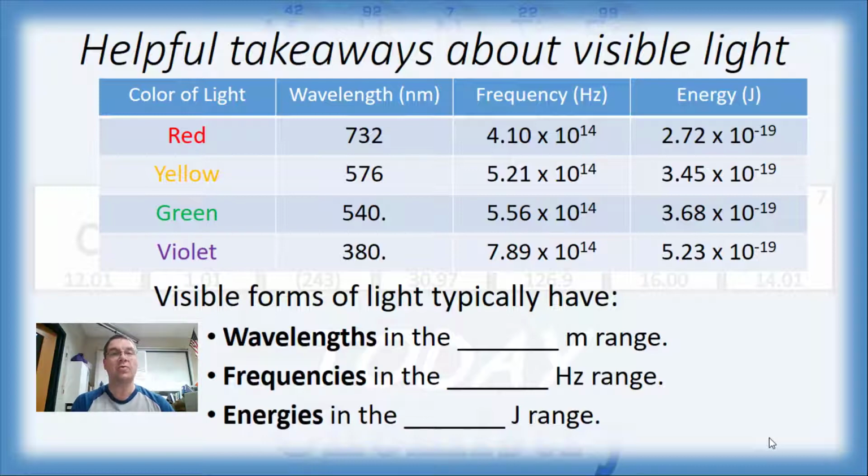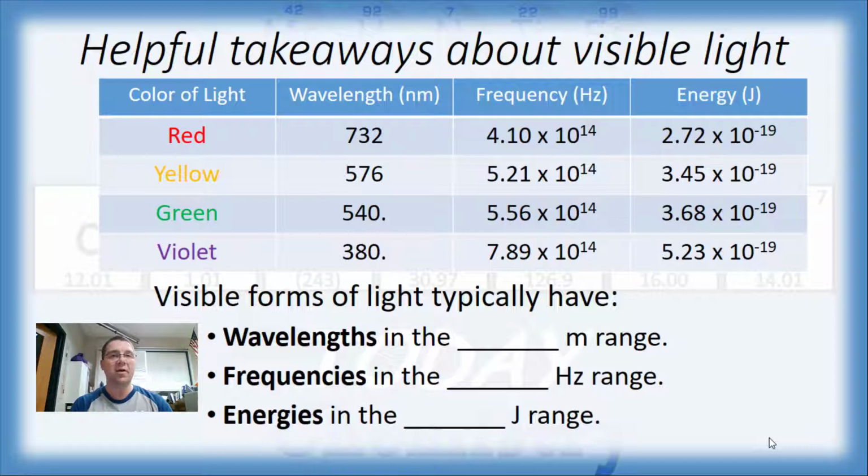And if we take a close look at those, realizing that all four of these forms of light that you did the calculations for are in the visible spectrum, that very thin section of the entire electromagnetic spectrum, because they're so close together, relatively speaking, we would expect that there would be some similarities in some of their properties. And if we look carefully, we can see that all of their wavelengths are on the order of hundreds of nanometers.